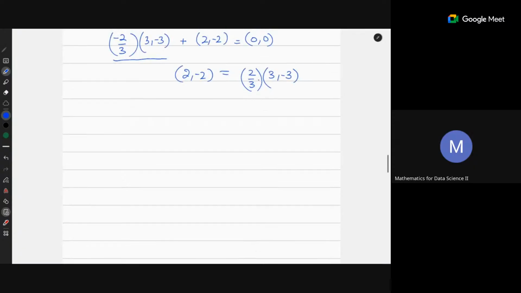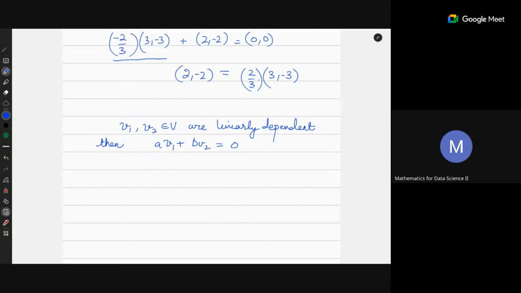In general, suppose vector v1 and vector v2 in some vector space V are linearly dependent, then a v1 plus b v2 equals 0, where this 0 means the zero vector.